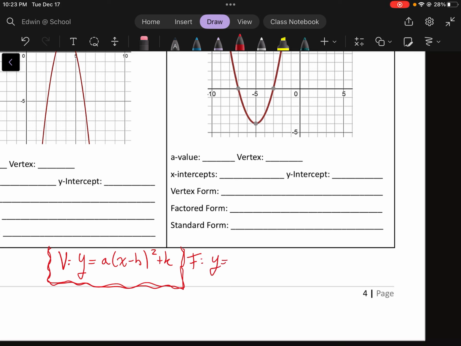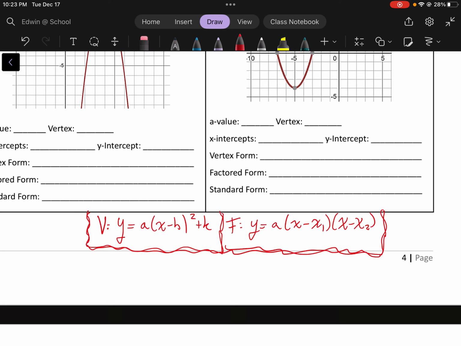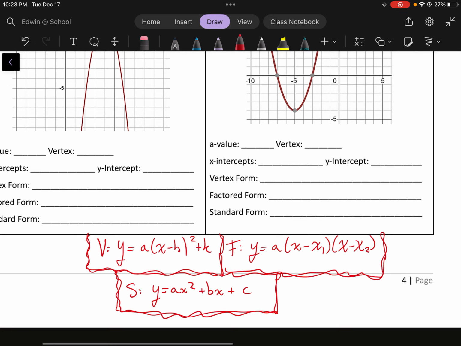Factored form is going to look like y is equal to a(x minus x1)(x minus x2). Finally, the last equation, which I'll write here, hopefully you have space on your paper, is going to be standard, which is going to be y is equal to ax squared plus bx plus c.